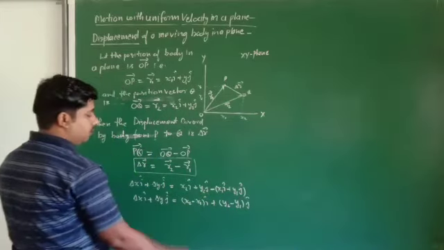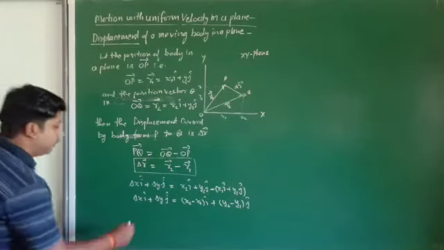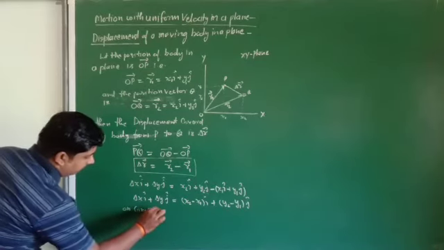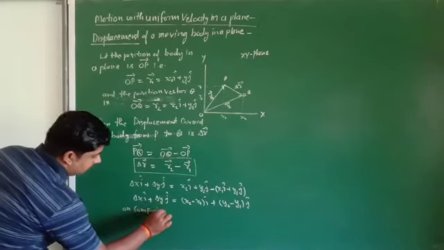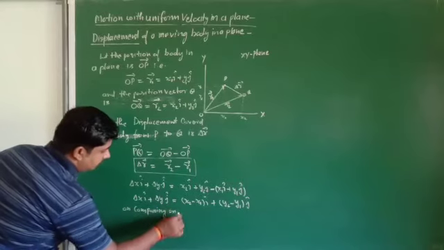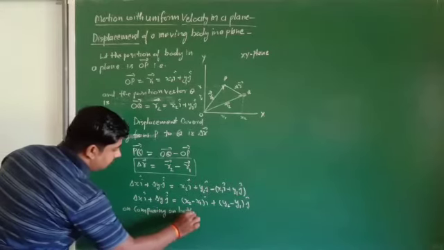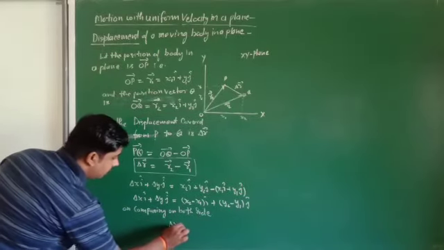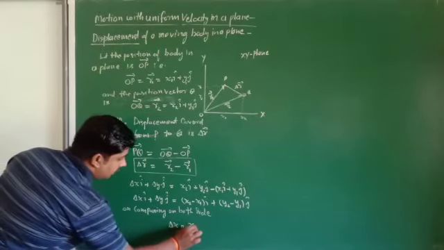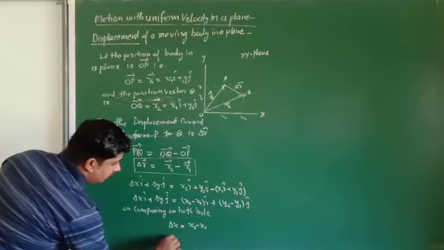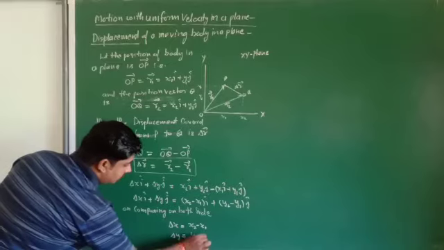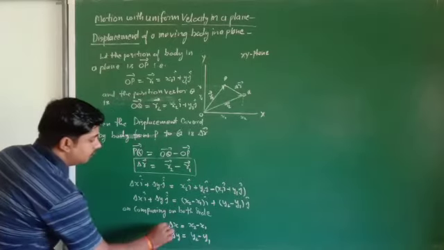We can write after solving this. So on comparing both sides, delta x is x2 minus x1 and delta y is y2 minus y1.